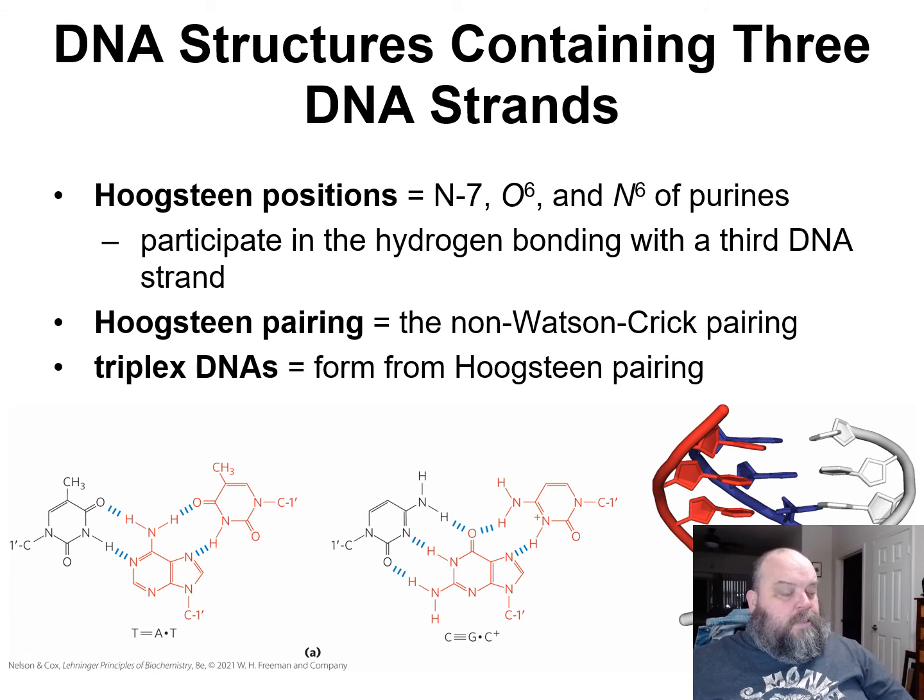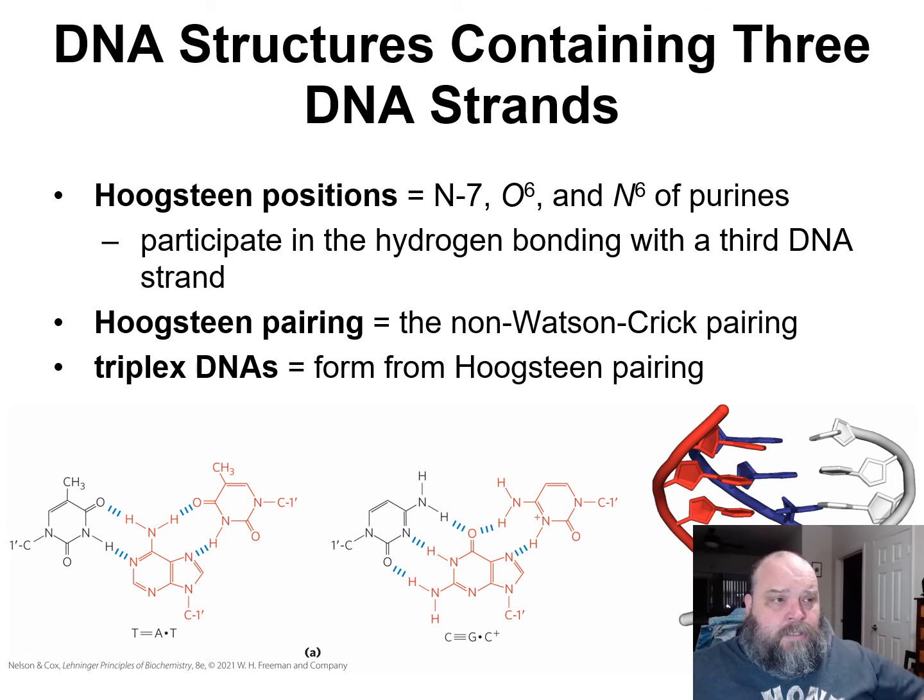Now, it was figured out in the 60s that the Watson and Crick B form, what we now refer to as the B form DNA, has the potential for alternate base pairing. Alternate in that, instead of 2 strands anti-parallel, you might be able to insert a 3rd strand in there.